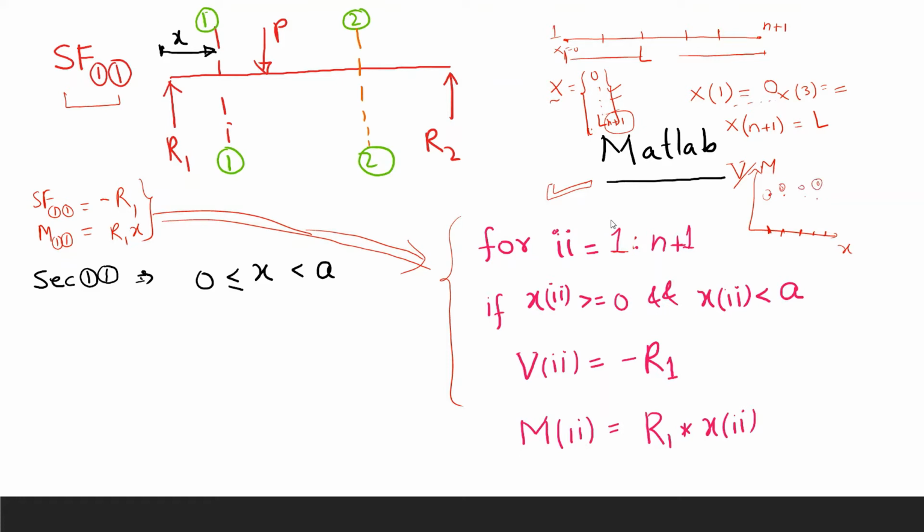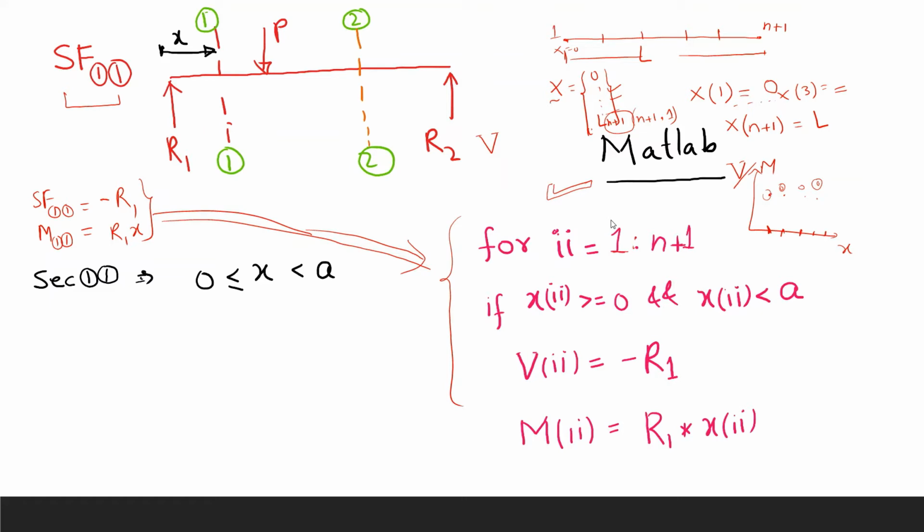So if x is of size n plus 1 rows and 1 column, the same size we will get for V.